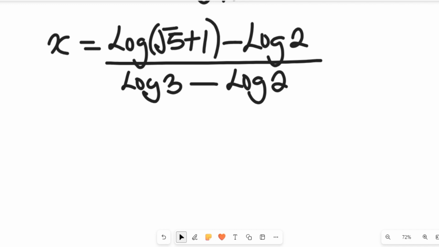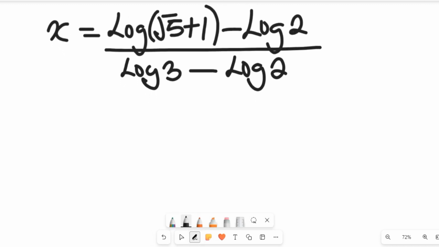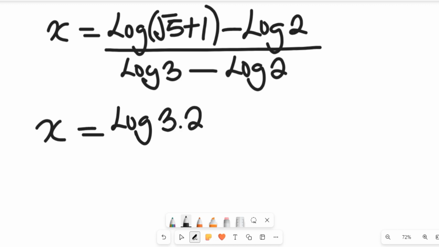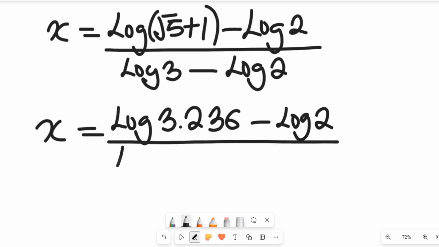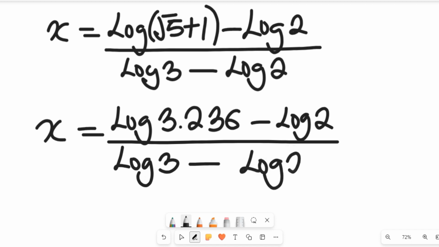So if we look at that and we simplify that, if we add 1, we're going to have the value of our x to be equal to log of 3.236 minus the log of 2, all divided by the log of 3 minus the log of 2.